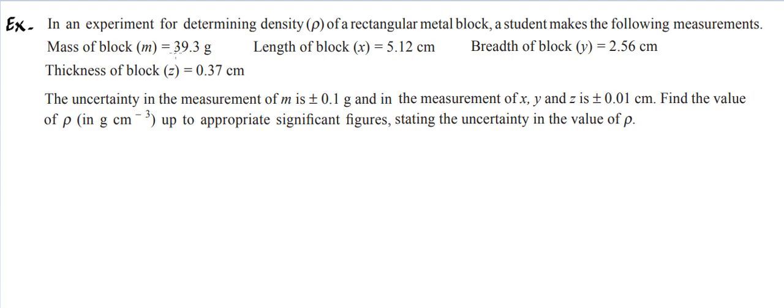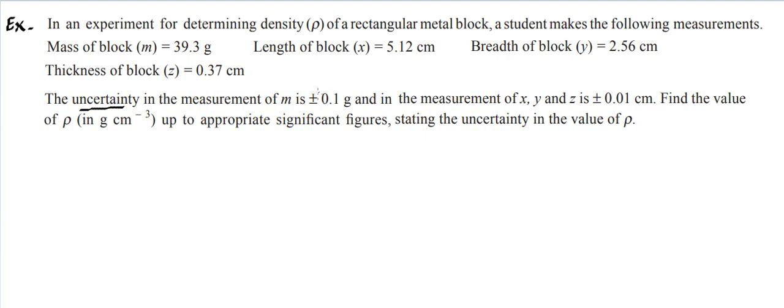Mass of the block has been measured as 39.3 gram. Similarly, length is measured as x, width is measured as y, and thickness has been measured as z, and they have been measured in terms of centimeter. Numerical values are given there. It further says the uncertainty, which is basically the error in the measurement of mass, is plus minus 0.1 gram.